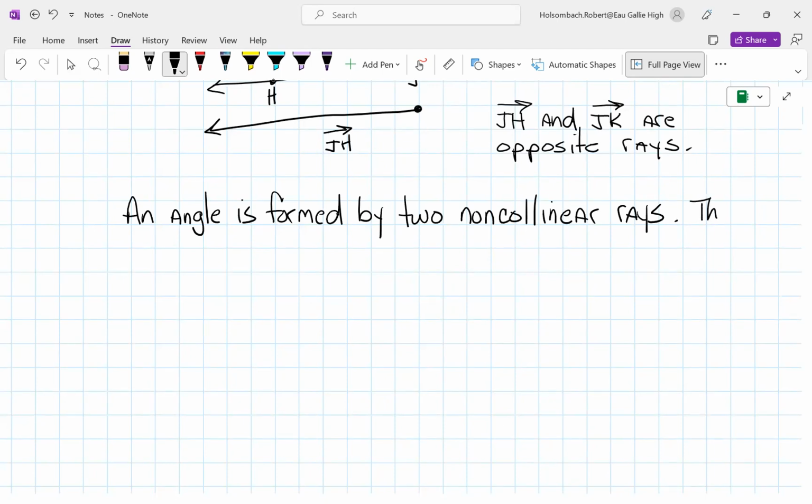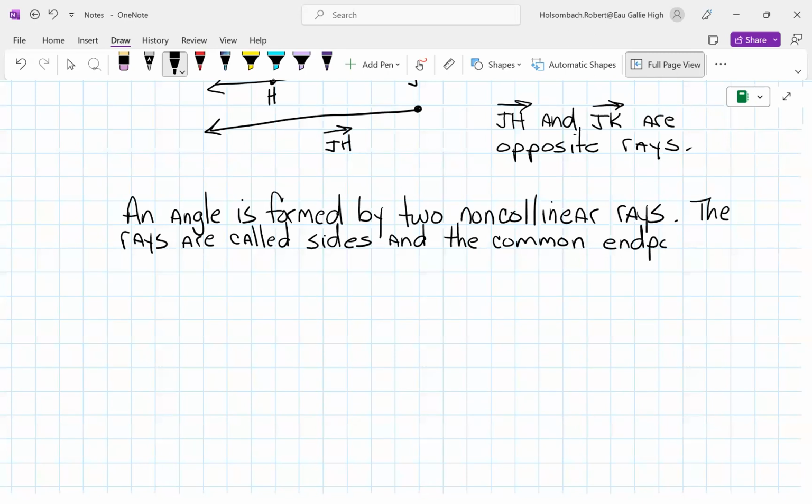The rays are called sides. And the common endpoint is called the vertex.